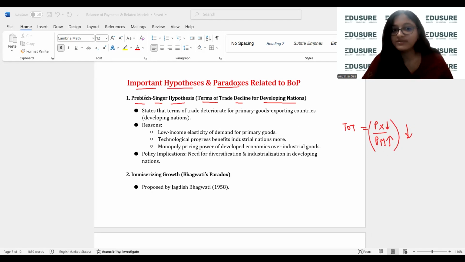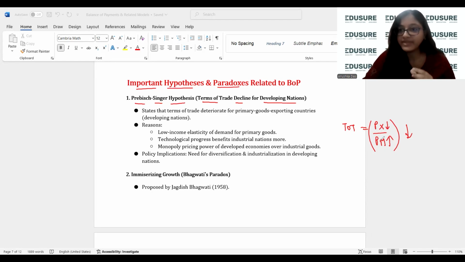This is what is said by the Prebisch-Singer hypothesis: we might think that yes, we are exporting goods, but what kind of goods are we exporting? We have to also focus on the quality of goods that we are exporting. If you are exporting low value goods, then the price that you will charge for the good will also be lower.